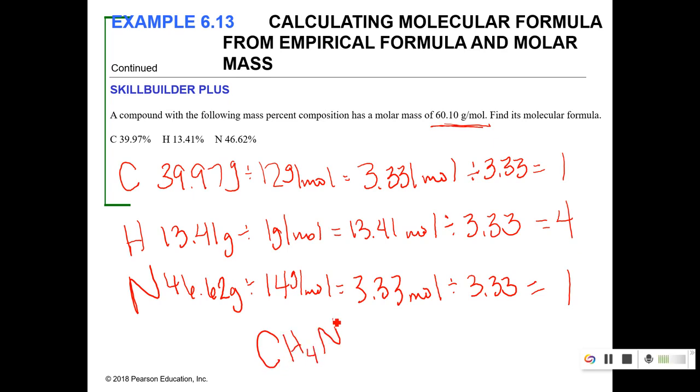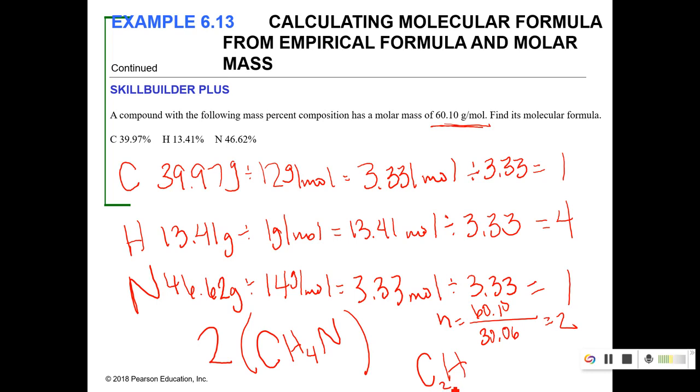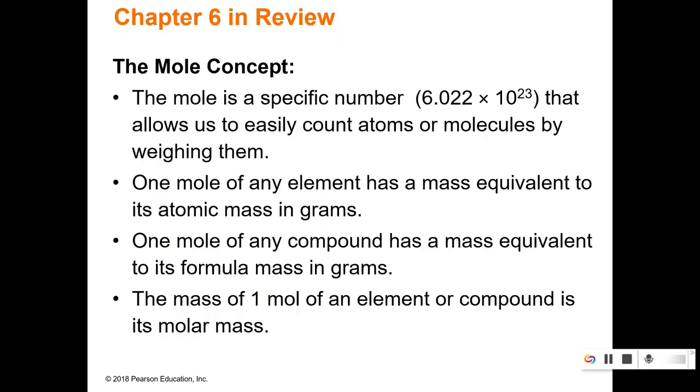I've got CH4N times some number N. N is 60.06 divided by 30.06, so it's 2. So my final answer is C2H8N2. If we had one like this, it would be multiple steps. And then that's it. Please let me know if y'all have questions, all right?